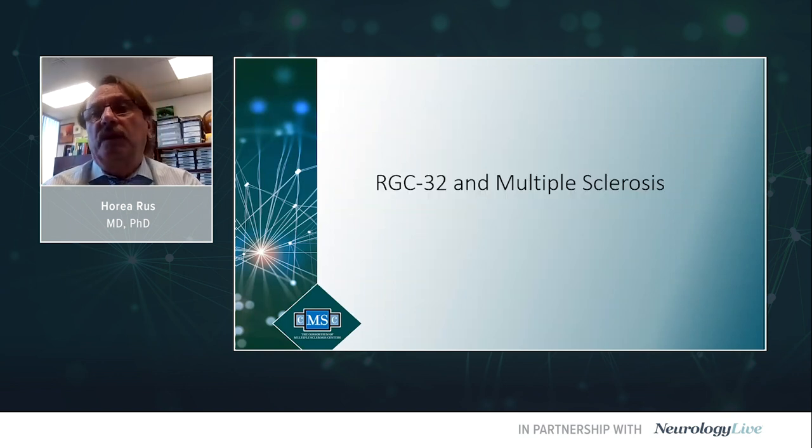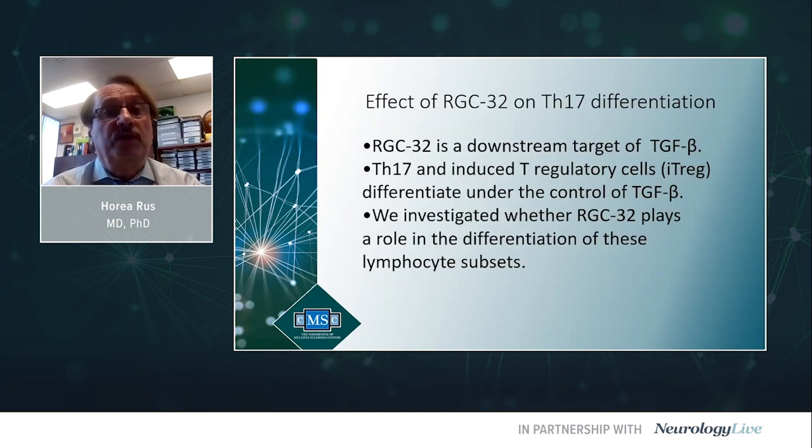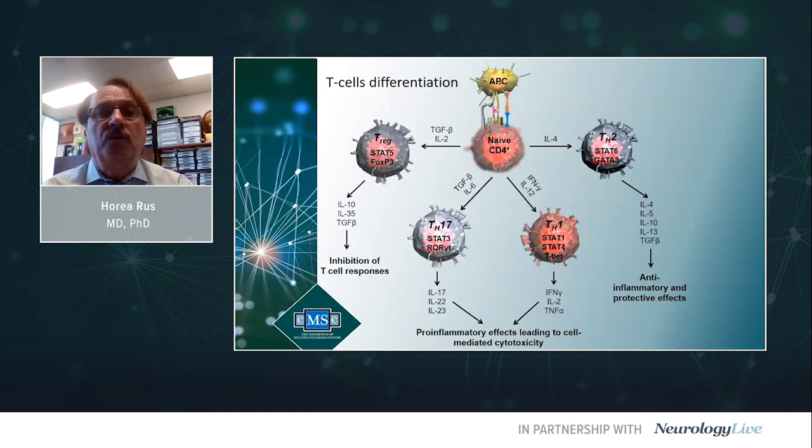We're going to talk a little bit more about the role of RGC32 in multiple sclerosis. We first looked at the possibility that RGC32, which is a known downstream target of TGF-beta, might be playing a role in differentiation of lymphocyte subsets, especially Th17 and T regulatory cells, which both require TGF-beta for their control.